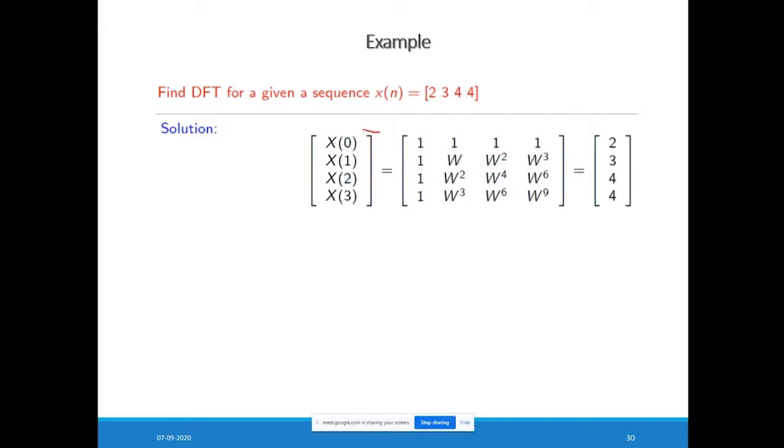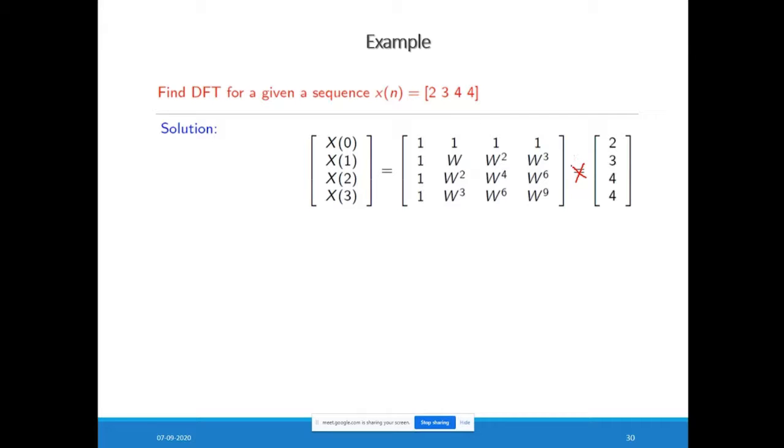First you have to write the DFT vector, the column vector. You must know this is the n-point sequence, so you have to represent it as a 4 cross 1 vector: X0, X1, X2, X3. Similarly, here the 4-point sequence is 1, 2, 3, 4. One thing I missed over here: instead of equal, you have to write the multiply sign.